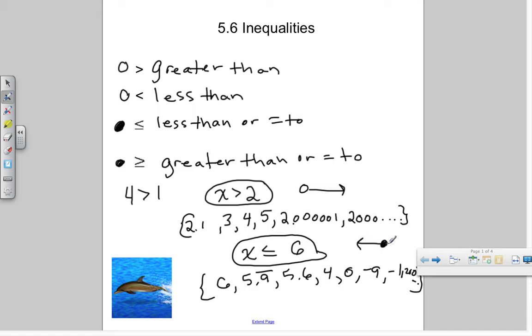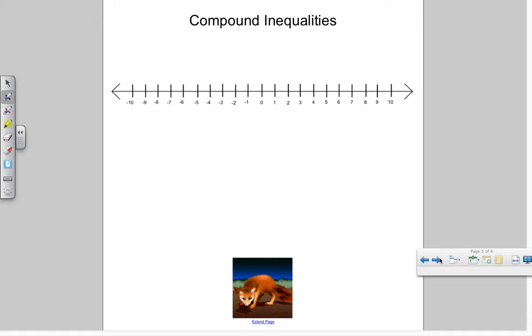Interesting. Okay, now there's one more difficult topic that's a little more complex, and that's called compound inequalities, and there's my fox. So if I have a compound inequality, that means I have two different parts. I'm saying that x is smaller than or equal to 5, but x is also at the same time larger than -1.